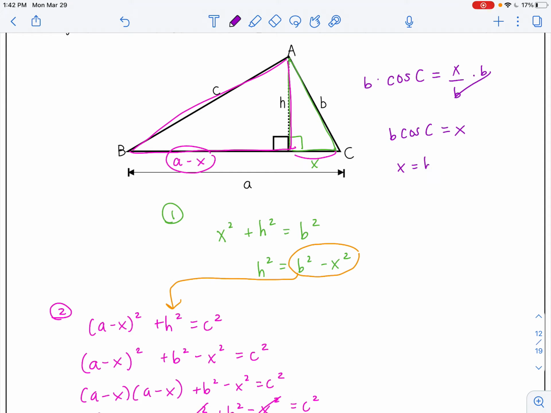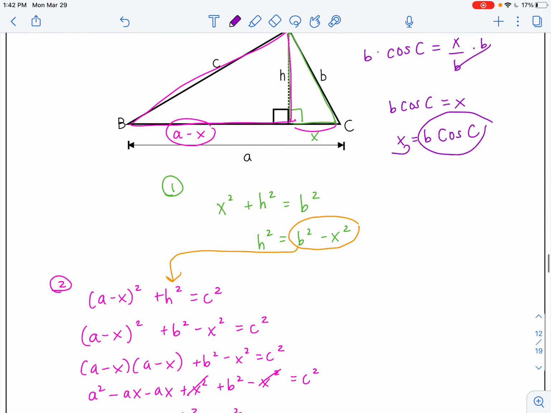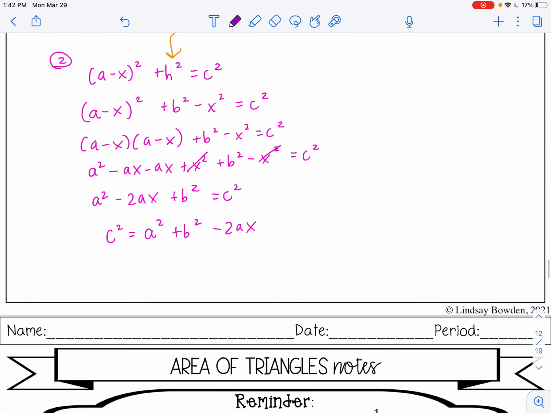So x is equal to b times the cosine of C. So I can take that x down at the bottom and substitute it for b cosine of C. And there we go. That is how the law of cosines is derived.